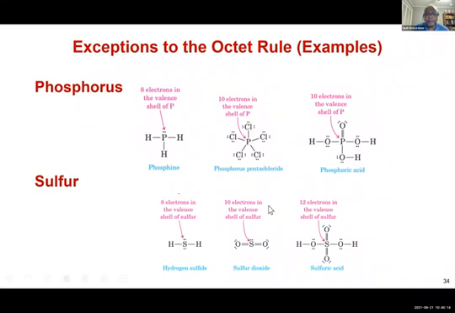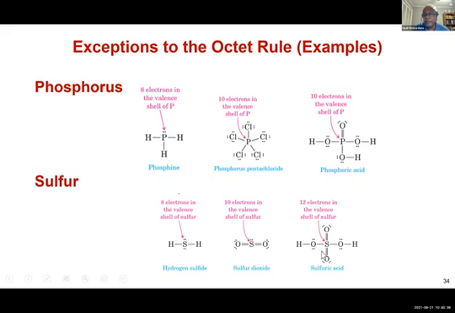Sulfur, just like phosphorus, sometimes has compounds with 8 electrons. Their d orbitals are not filled. But when you start to fill d electrons, there are 10 electrons here.